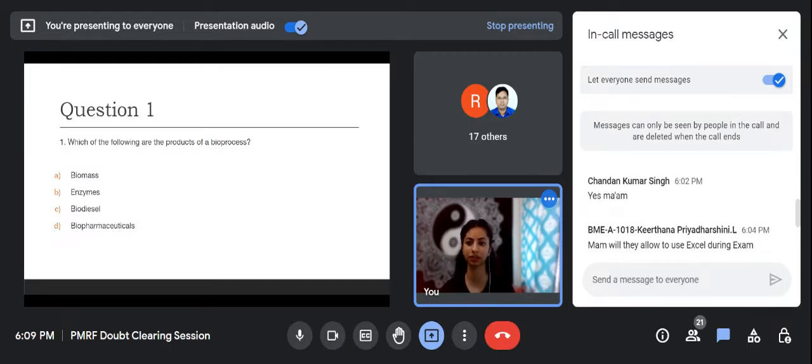Which of these is the correct answer? No one knows the answer? You can write it in the chat box, or you can unmute yourself and tell me also. I'm audible, right?